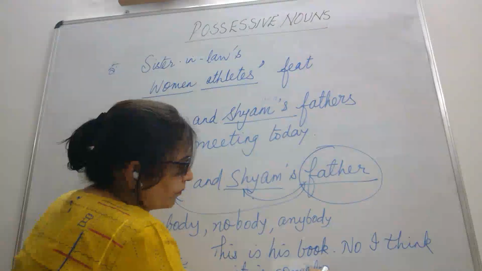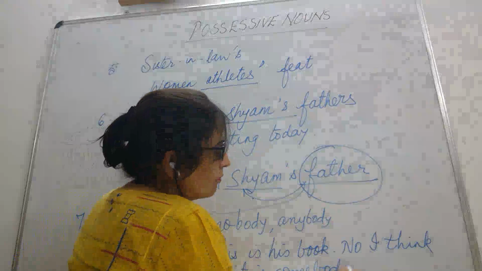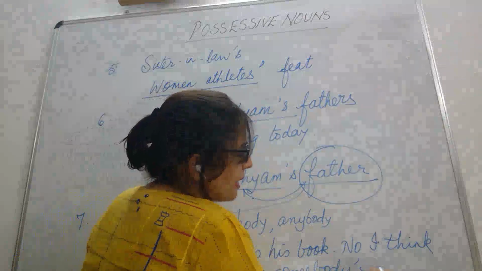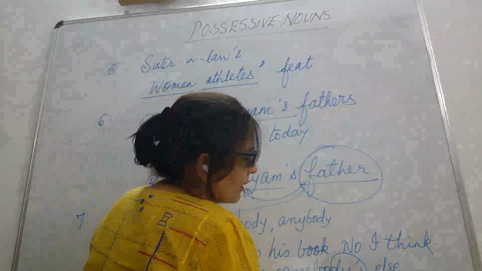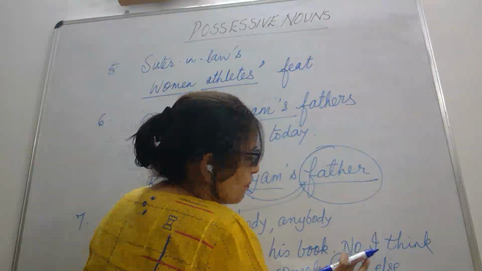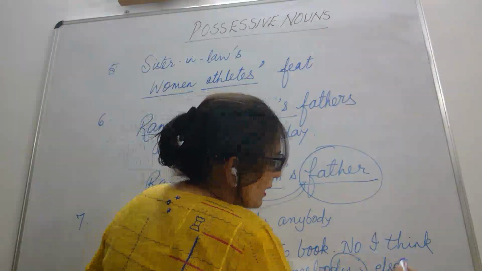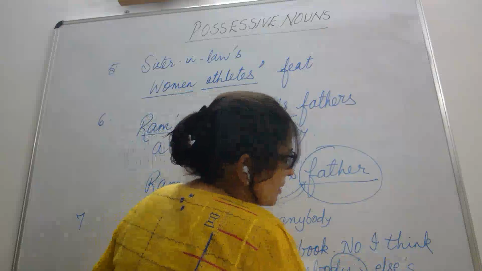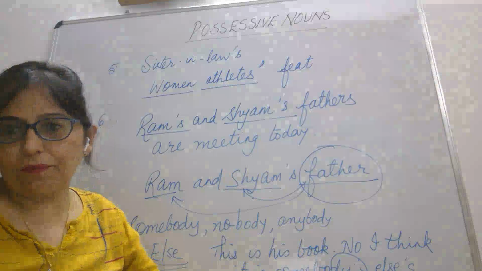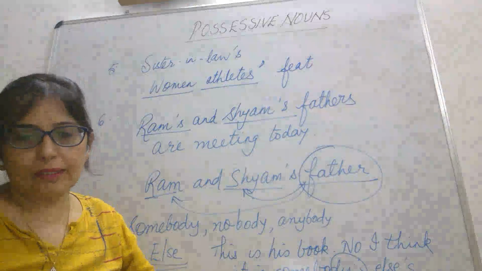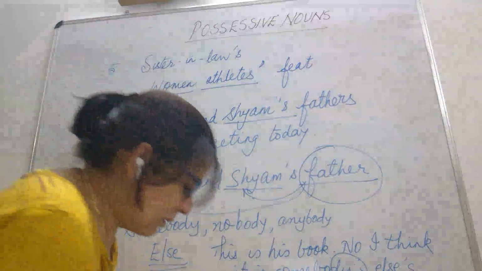We don't say somebody's else. Okay, this is incorrect. We say somebody else's. We add the apostrophe with else and not with the indefinite pronoun. Is that clear?